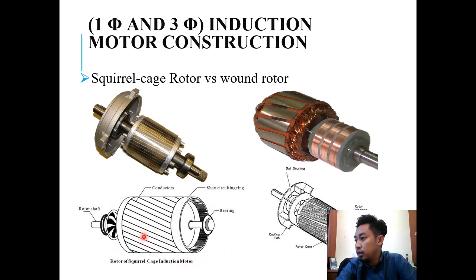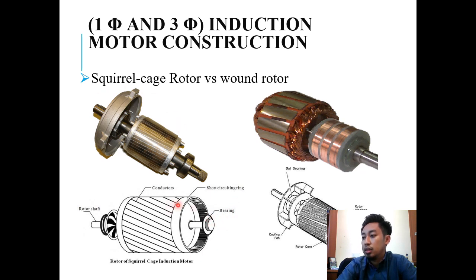You can see the design and construction are like a squirrel cage, so that is why it is called a squirrel cage induction motor. It has a rotor shaft, conductors, short-circuiting rings, and a bearing.